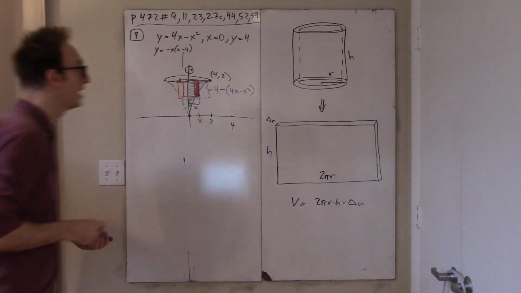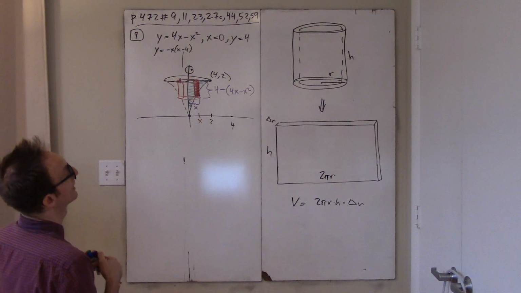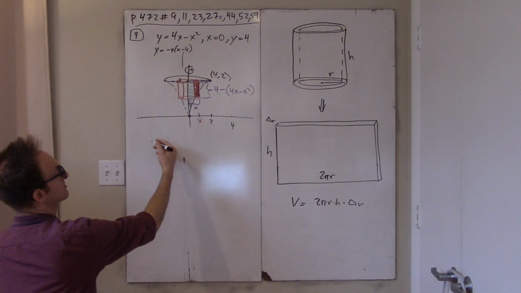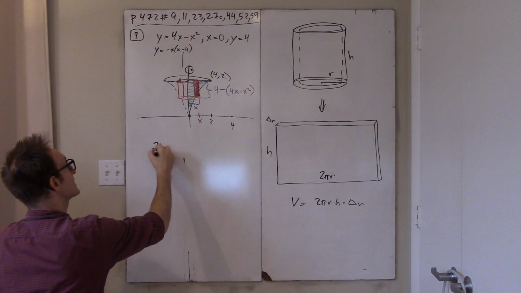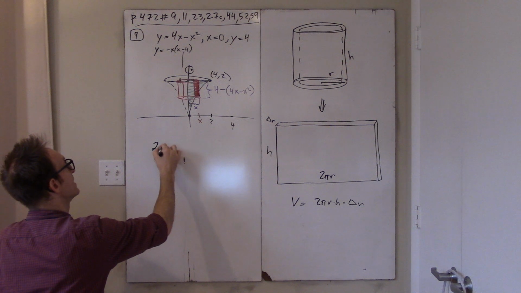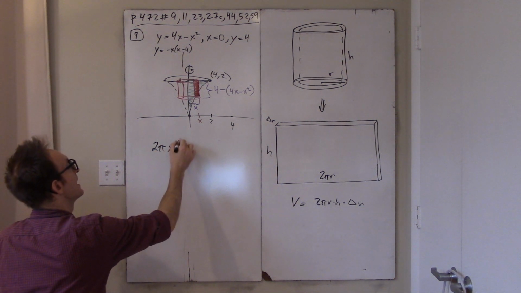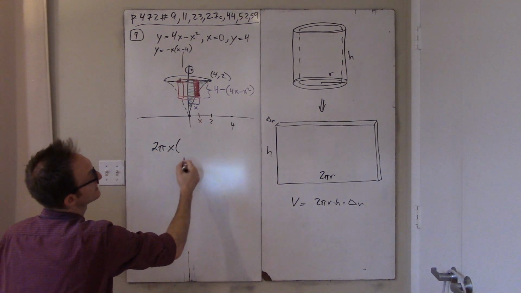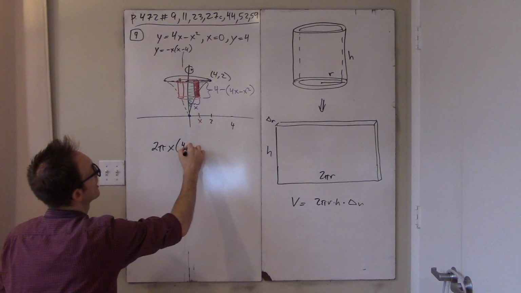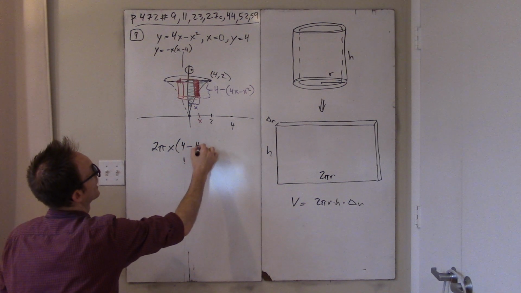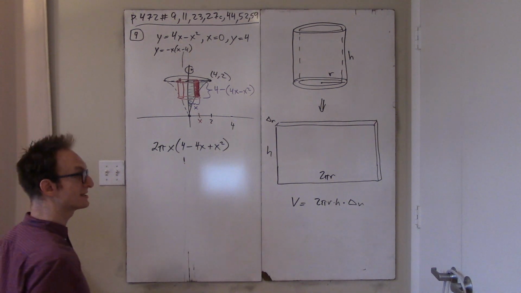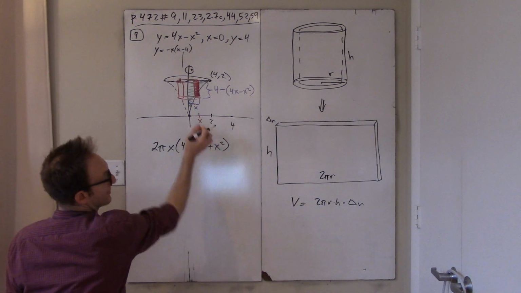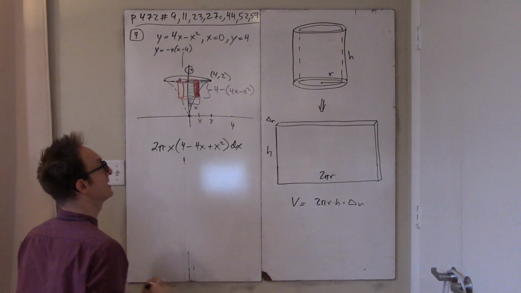So when I calculate the volume, it's going to be 2 pi, the radius is x, and the height is 4 minus 4x plus x squared. And the thickness of the shell is just the width of the subinterval, which is dx.